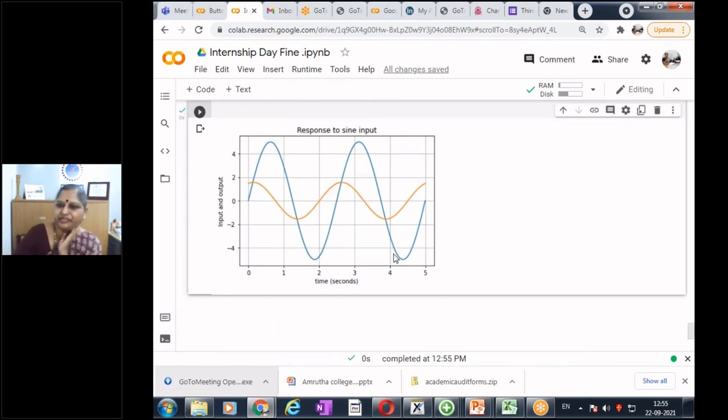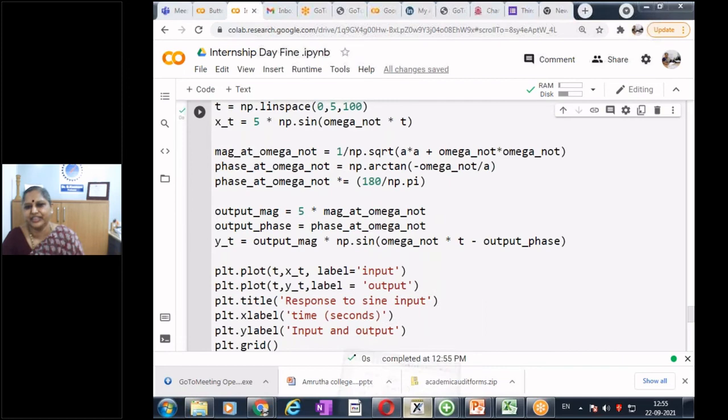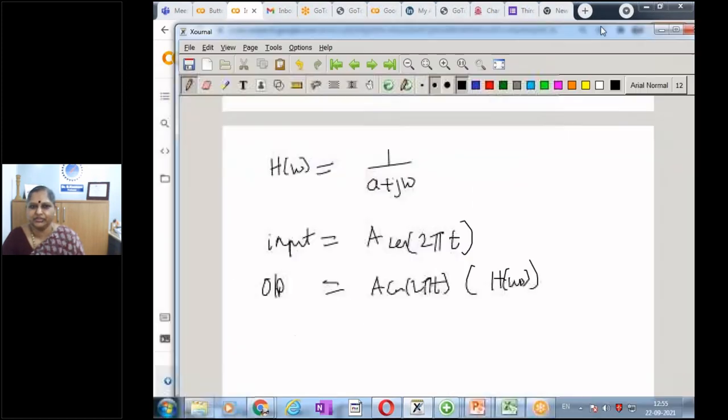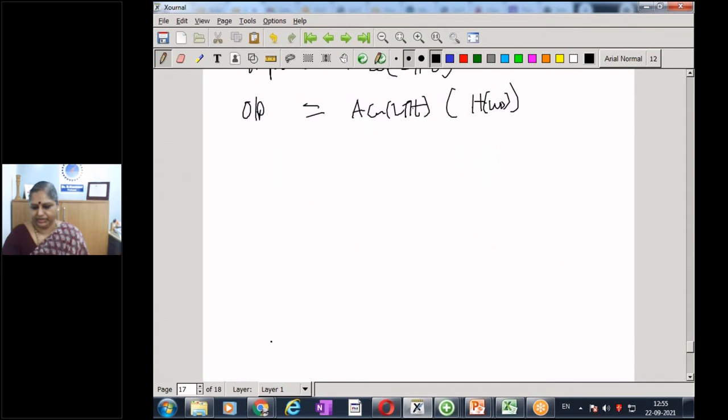Which one do you want me to explain? Okay, this command. One way of writing it is as in C. If you recollect, I can put A equal to A into 3, and it will also work if I write it in an alternate way.